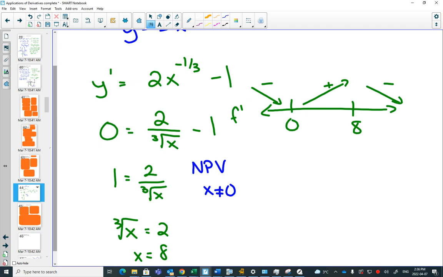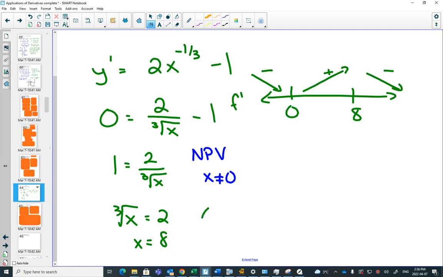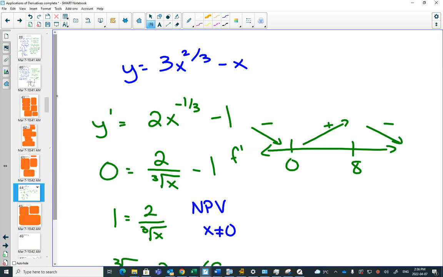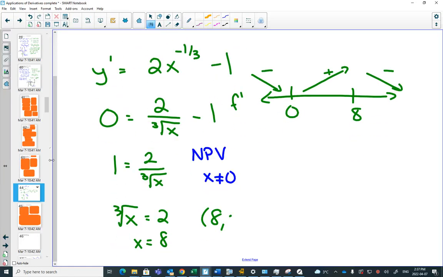So we could say that 8 comma, and if we plug it into the original equation, we'll get 4. Is that right? Cube root of 8 is 2. 2 squared is 4. 4 times 3 is 12. 12 minus 8 is 4. 8 comma 4 is a local max.